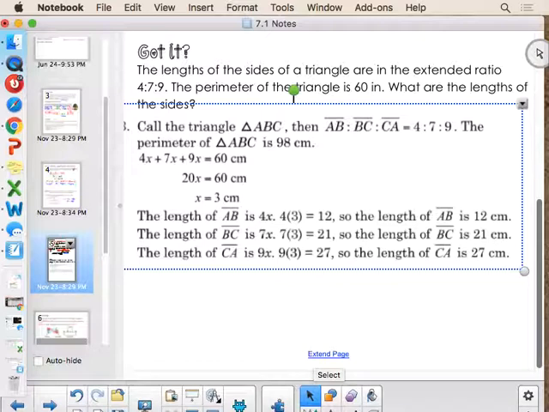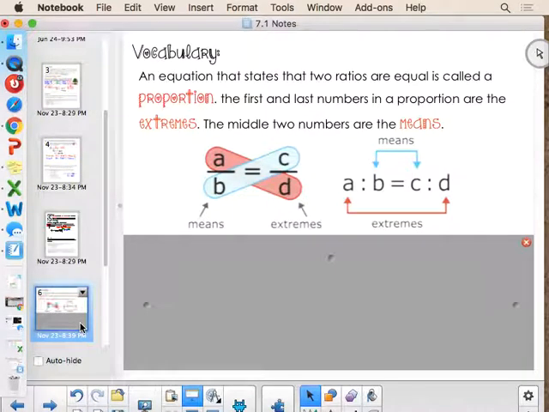All right, so here we go. We're going to continue. Now we're going to get into properties of proportion. So let's first talk about what a proportion is. An equation that has 2 ratios is called a proportion. So this guy right here, proportion is this guy. Okay. Now there are certain parts of this proportion that we need to talk about.